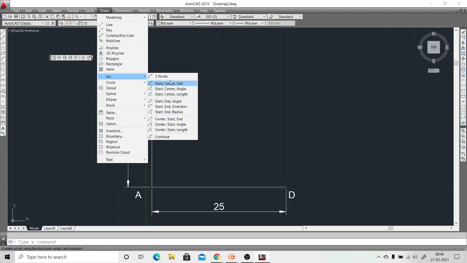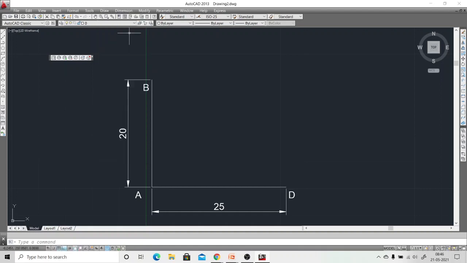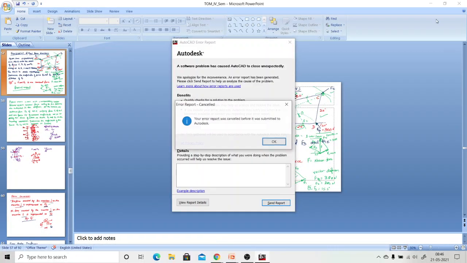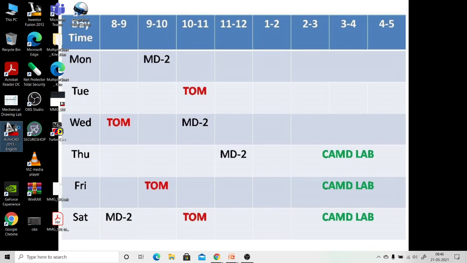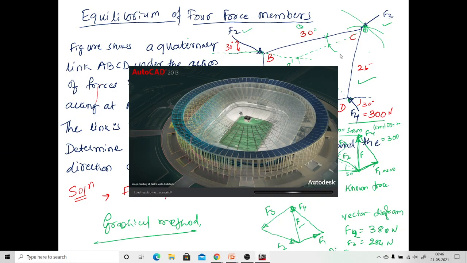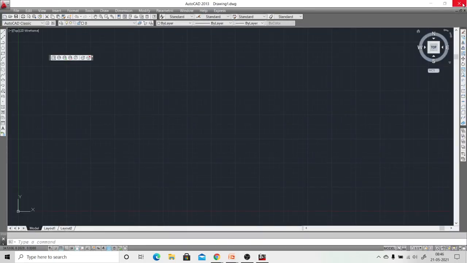Let it be, we'll go for drawing a circle here. Sorry, error was reported. Let us try here itself.